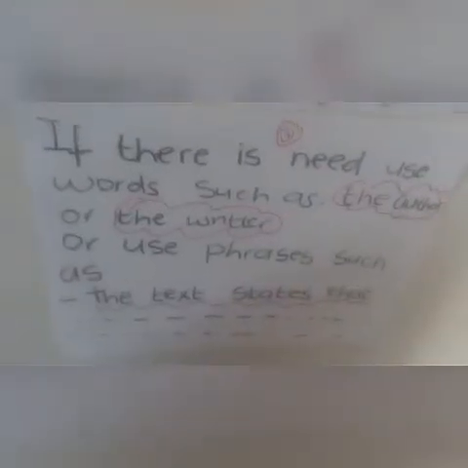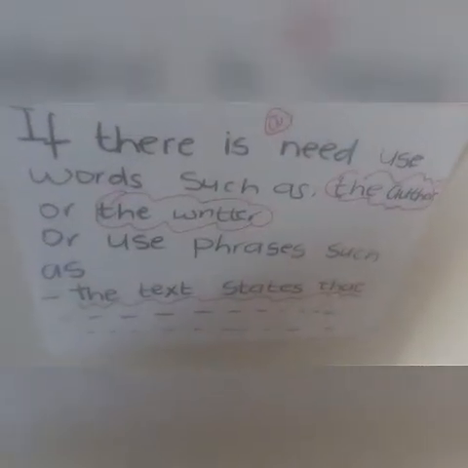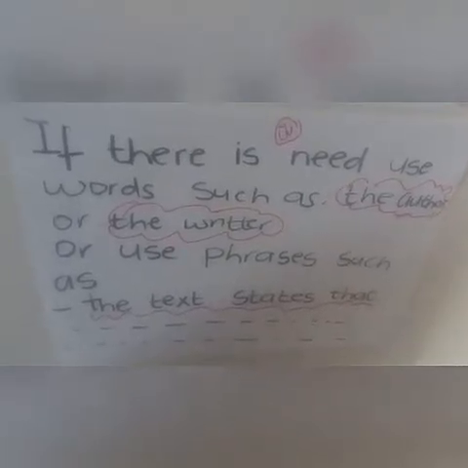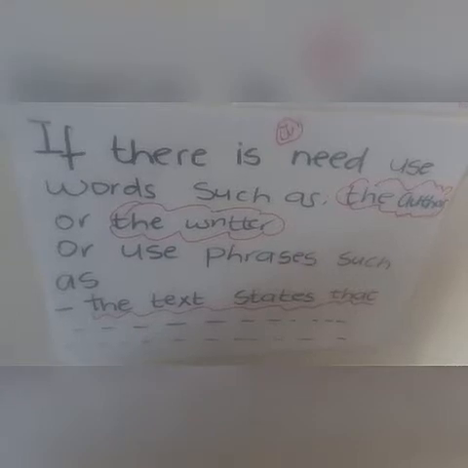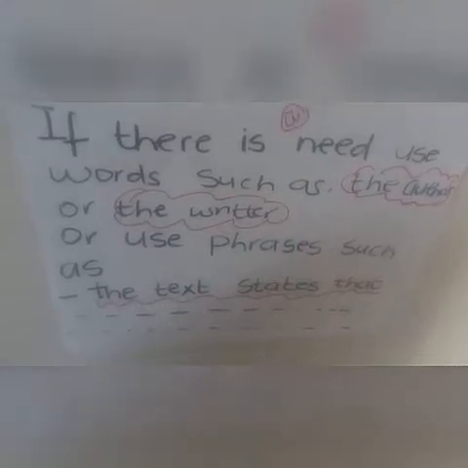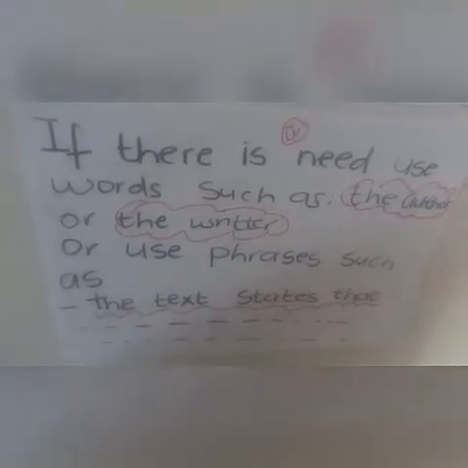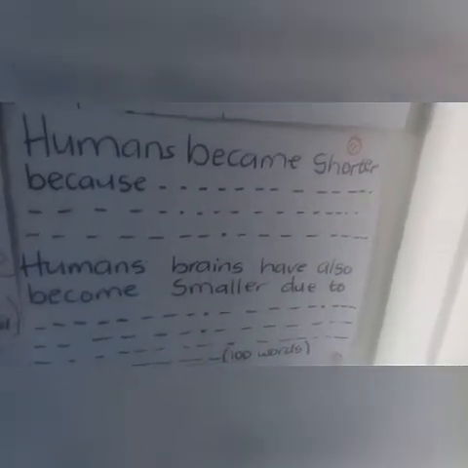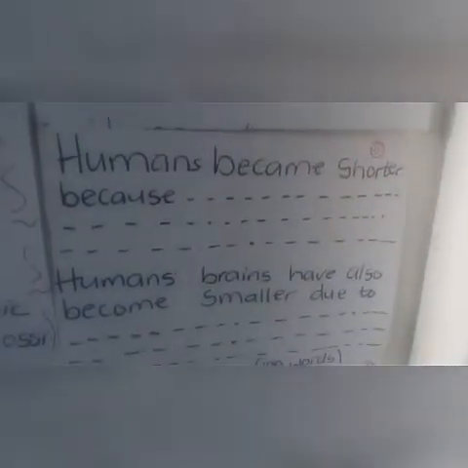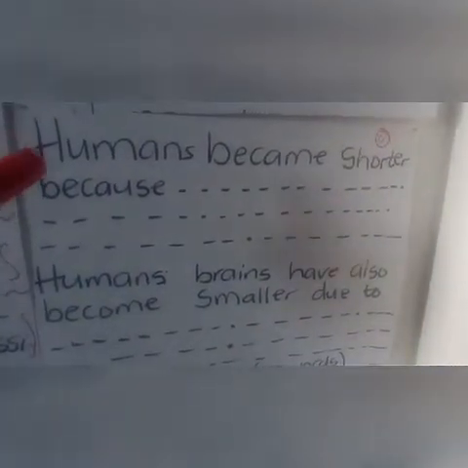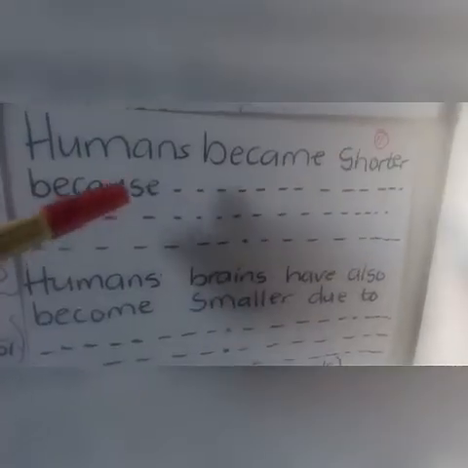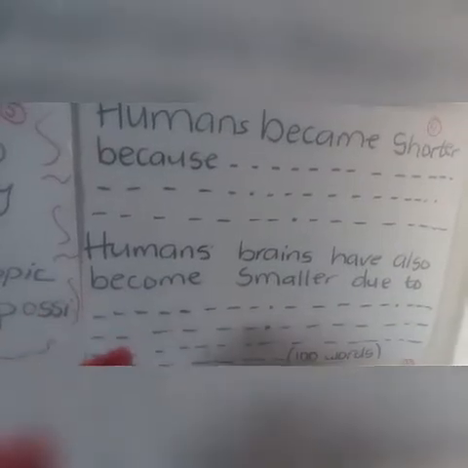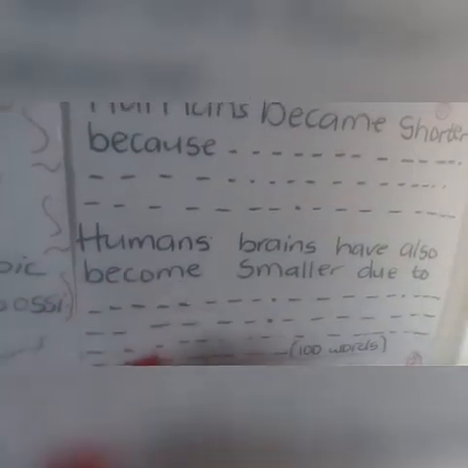Instead, if there is need, you can use words such as the author said that, or the writer mentioned that, or you can use phrases such as the text states that. Just like how I had shown you here, a lead sentence. The text mentioned that humans became shorter because of this and that. Humans' brains have also become smaller due to this and that.